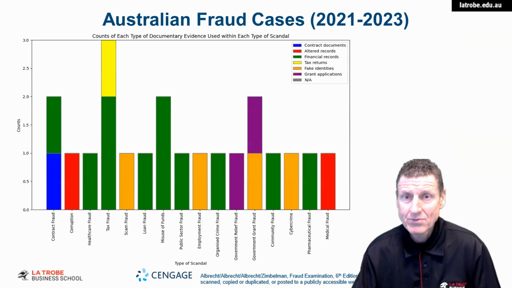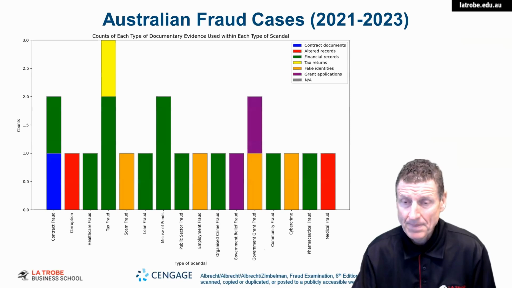Let's have a look at another graph. And you can see that here are the different types of scandal at the bottom, going from corruption, healthcare fraud, tax fraud, scam fraud, loan fraud, misuse of funds, and so forth. Notice that financial records was a common type of documentary evidence in a majority of these frauds, followed by fake identities, which was quite common too, especially with the government grant fraud and cybercrime.